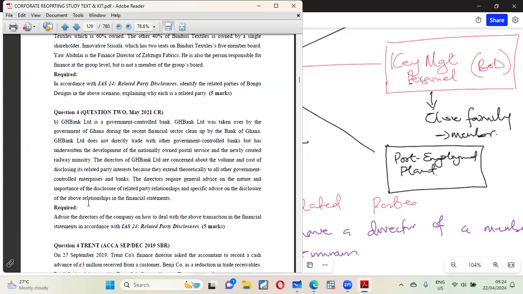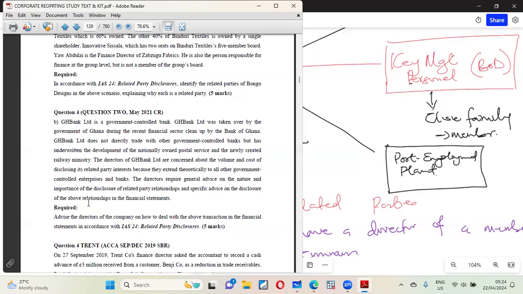When it comes to government-related entities, we discussed that you are exempted from disclosing the transactions and the amount. But you must understand that anybody who benefits from that exemption must go on to disclose the nature of the relationship. It's very, very important.